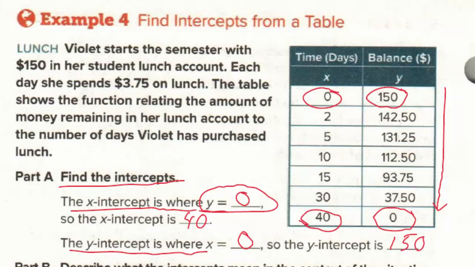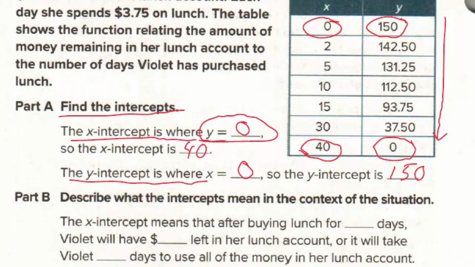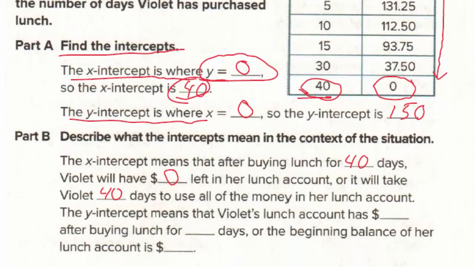That's probably in dollars. Part B, describe what the intercepts mean in the context of the situation. Okay, so the x-intercept is down here at 40. So it's 40 days. Violet will have, now this is the y value, $0 left in the account. Or it will take Violet 40 days to use all the money in her lunch account.